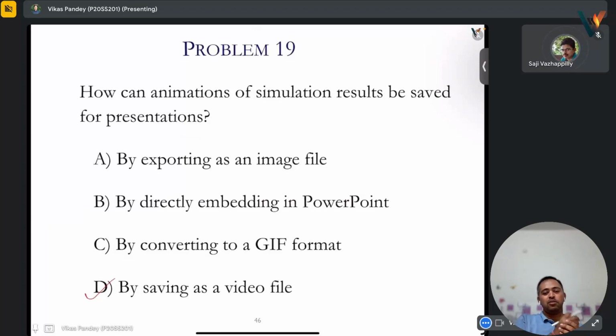So the best option is to save as a video file, so that we can then embed it into PowerPoint. I kept this because it was being discussed in the lecture. So the answer is saving as a video file.